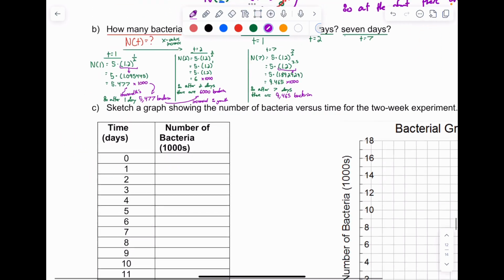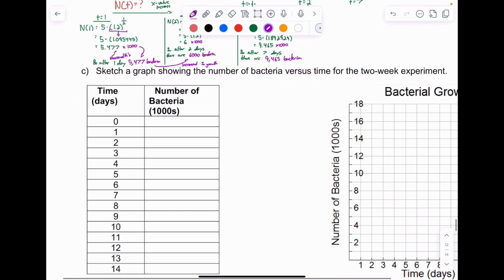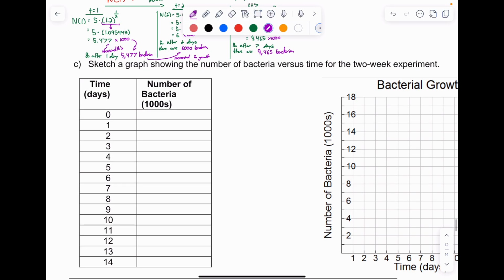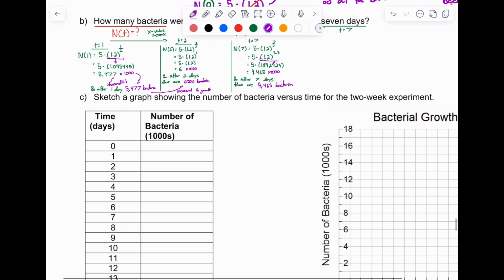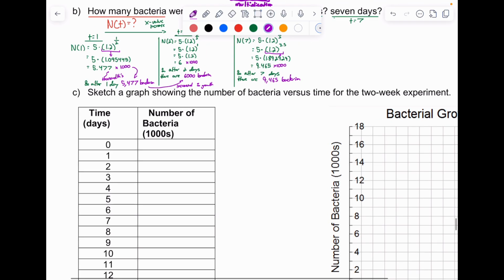So sketch a graph showing the number of bacteria versus time for the first 2 weeks of the experiment. So you're using your formula, the number of bacteria here. You're evaluating n of t using the same formula, 5 multiplied by 1.2 to the power of t over 2.